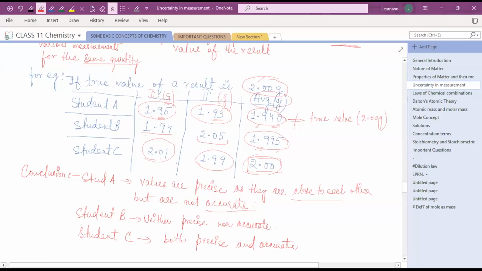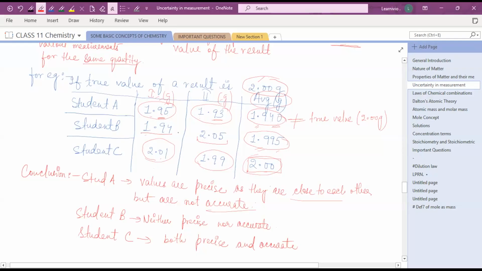Yes, ma'am. Okay, see student B. The first reading is 1.94, but the second reading is 2.05. There should not be such a big difference; the difference should be small, like plus or minus 0.1 or 0.2. So you can see 1.94 is the first reading and the second is 2.05.